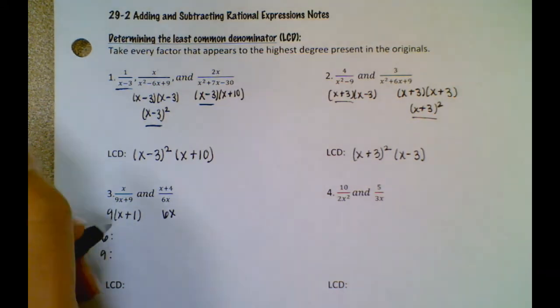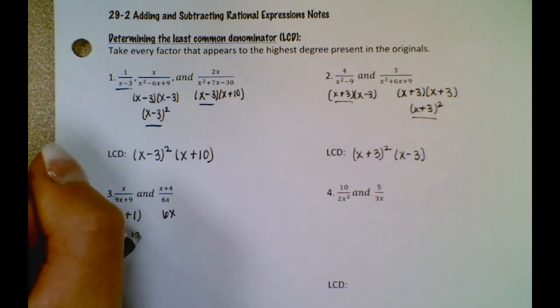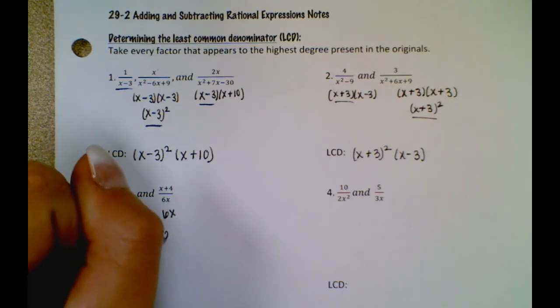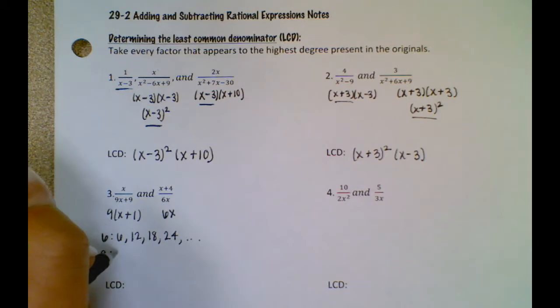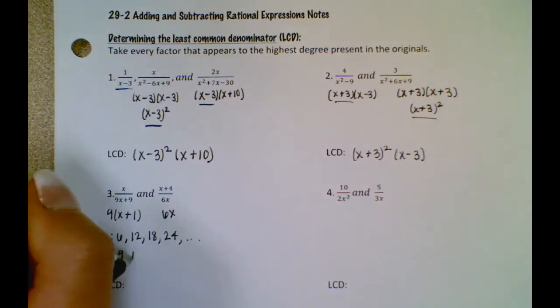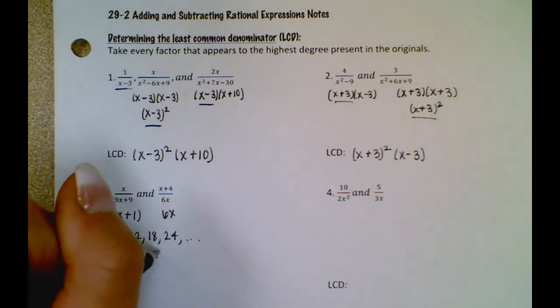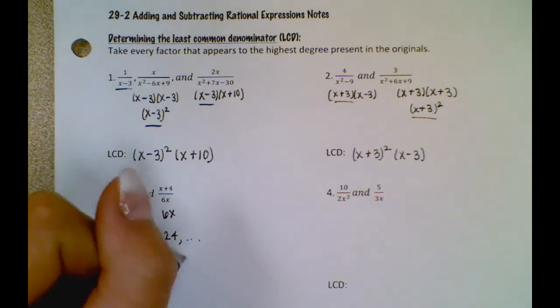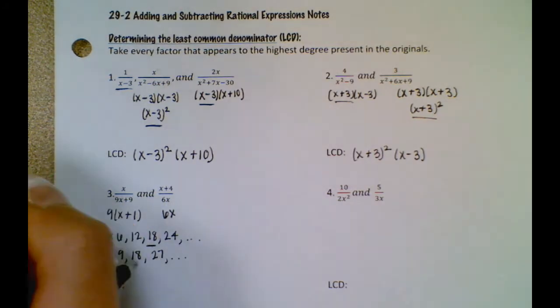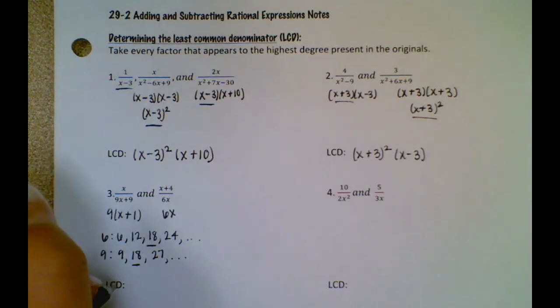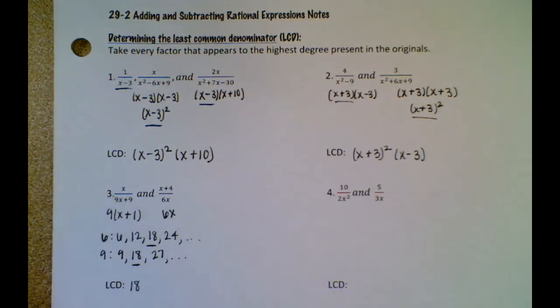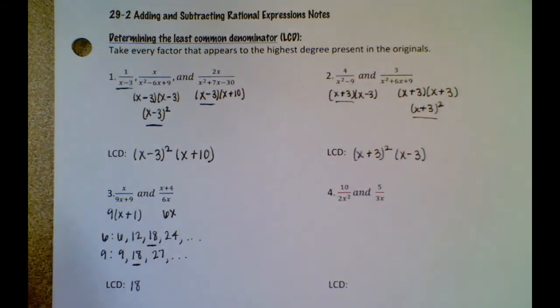So multiples of 6 are 6, 12, 18, 24, and so on. Multiples of 9 are 9, 18, 27, and so on. Notice 18 occurs once in each list, right? So that is the least common multiple. So that's going to be part of the least common denominator. We're going to have an 18. That will take care of the 9 and the 6.